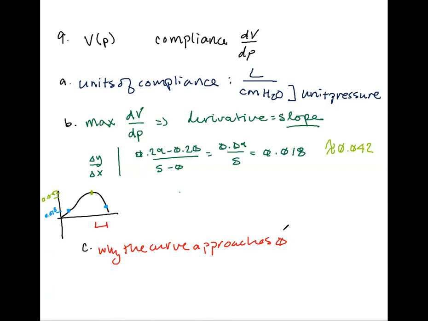But basically, what I think they're going for here is that the units of compliance are liters per unit pressure. So the idea is as pressure increases, it's a pressure reduction that's making this occur. So as the pressure decreases from its base position, then the volume will be able to increase.